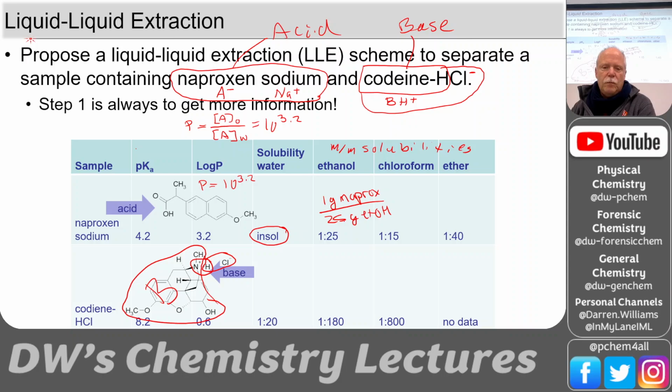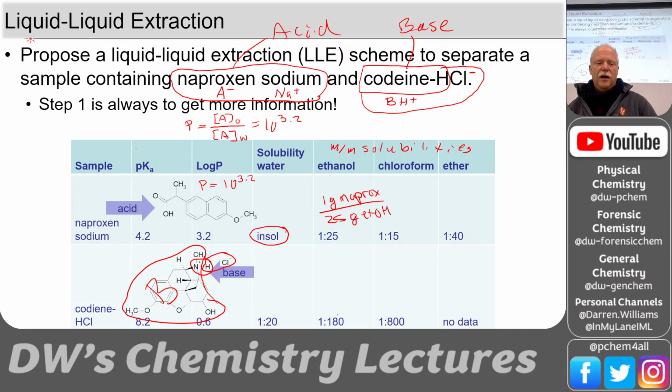If I tried to put 2 grams in 25 grams of ethanol, it would precipitate out. So this is the saturation point. As long as I have 1 to 25 or less in ethanol, it's all going to go into solution. If I get above 1 for every 25, then it's going to start to precipitate. Here, it's less soluble in chloroform, 1 to 15, ether, 1 to 40.